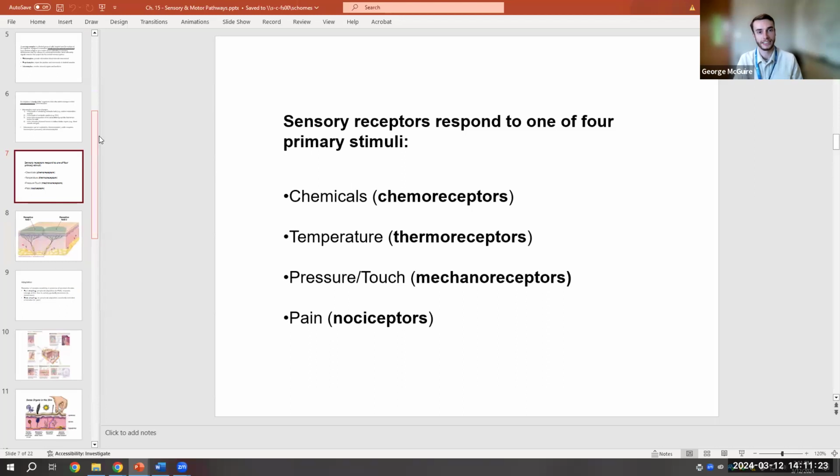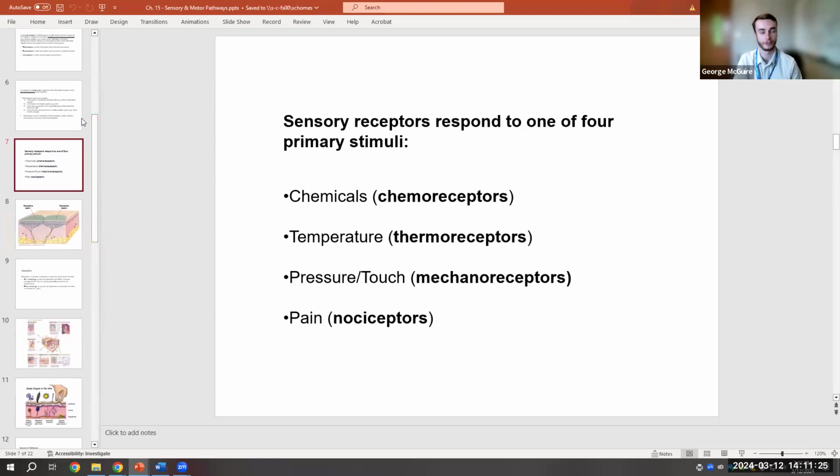But focusing back on the somatic system, which again is the main focus of this chapter, we have four major types of stimuli that are initiating sensory receptors. So we have chemicals initiating chemoreceptors, temperature being sensed by thermoreceptors, pressure and touch being sensed by mechanoreceptors, vibrations could be included there.